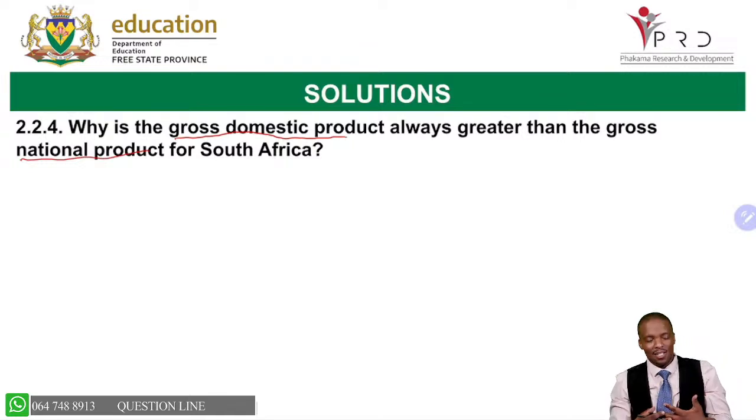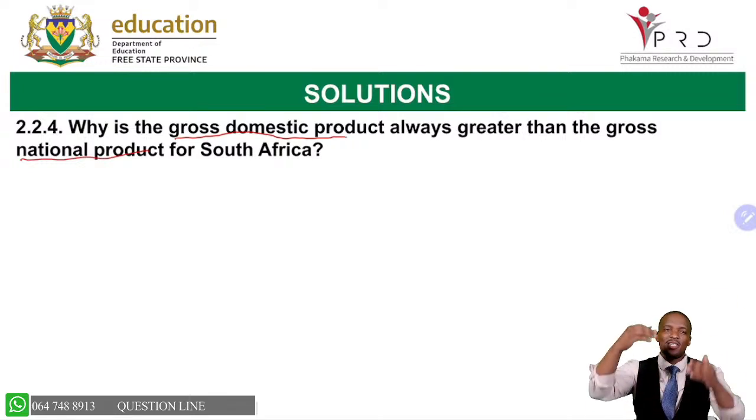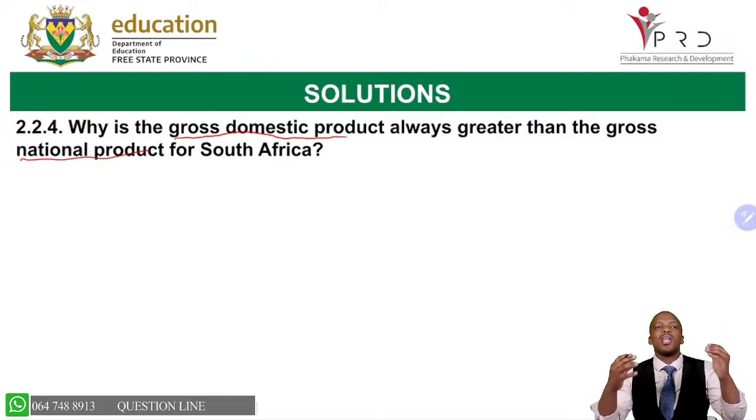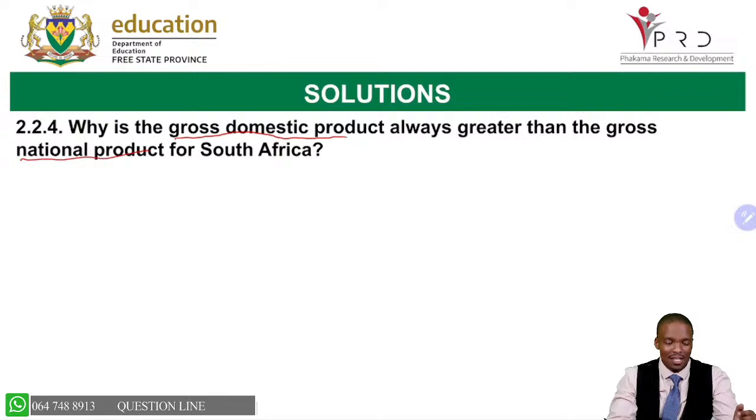You see how they ask it here. Because when I was explaining it, I said the other way around. Why is the GNP values less than the GDP values? This way, now they're asking you to say, why are the GDP values in South Africa greater than the GNP values in South Africa?